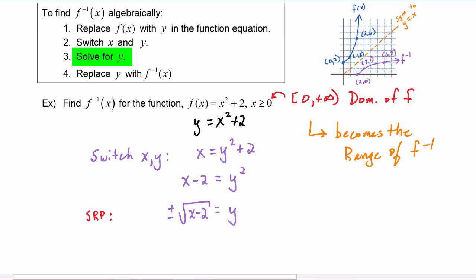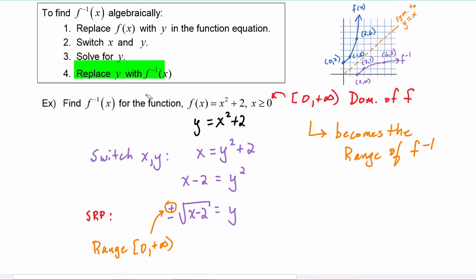So because we know the range has to be 0 to infinity, we can only accept the positive radical. So then we would have y is equal to positive square root of x minus 2.